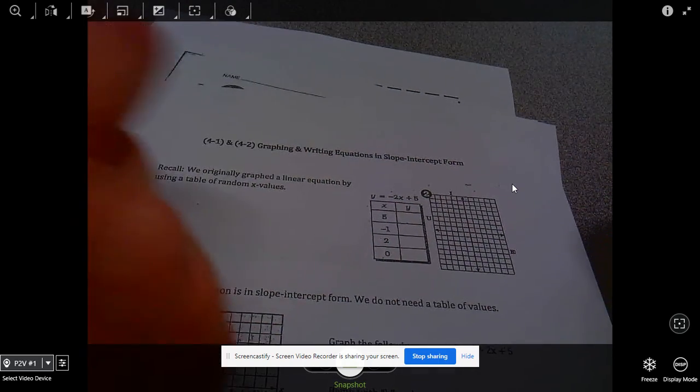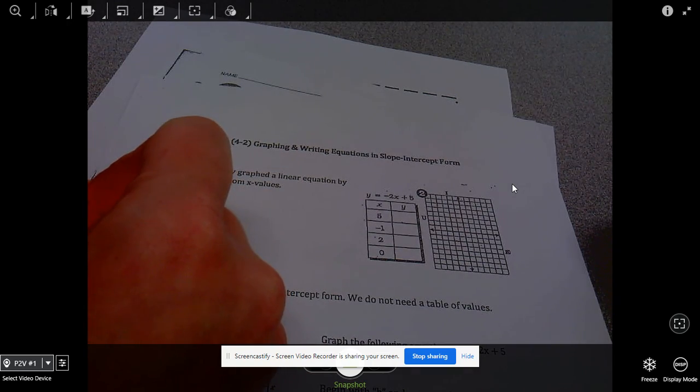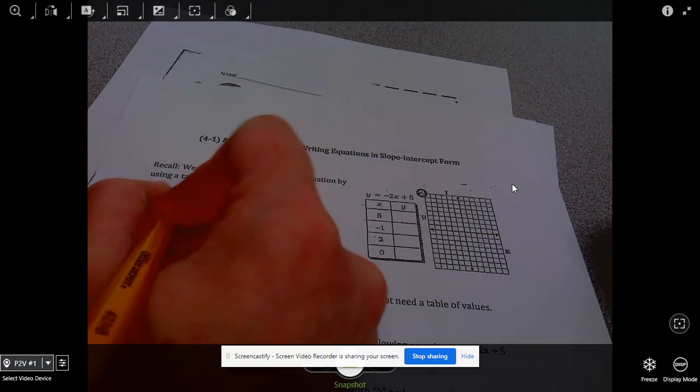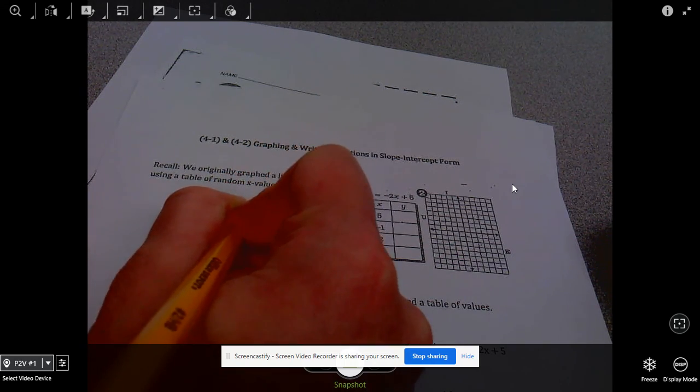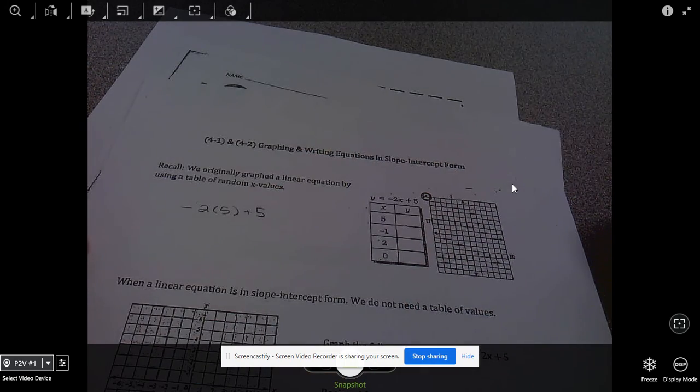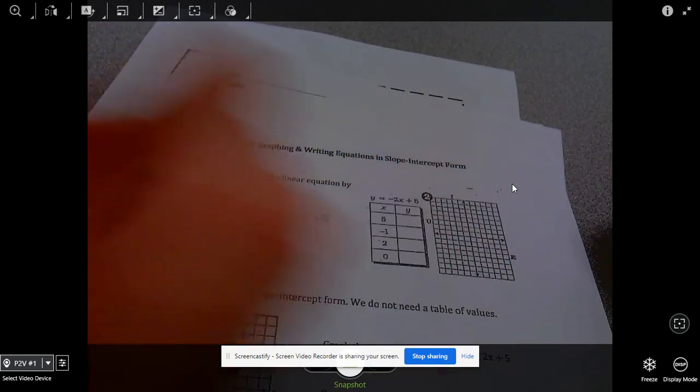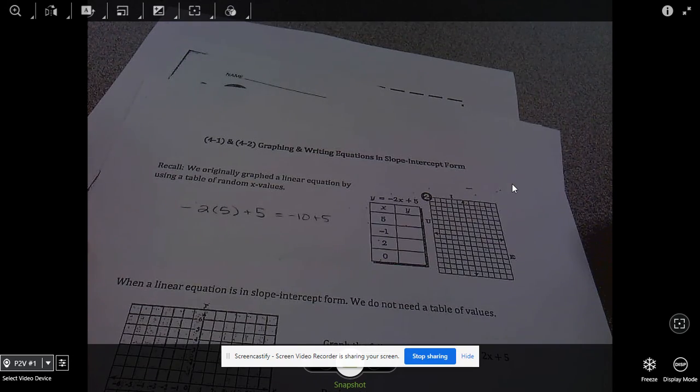So let's do that. The first one is -2, 5, and 5. You type it in your calculator or just do it by hand like this. If I substitute 5 in, I'm going to get -10 plus 5, which is -5. I'm going to do that for the following.